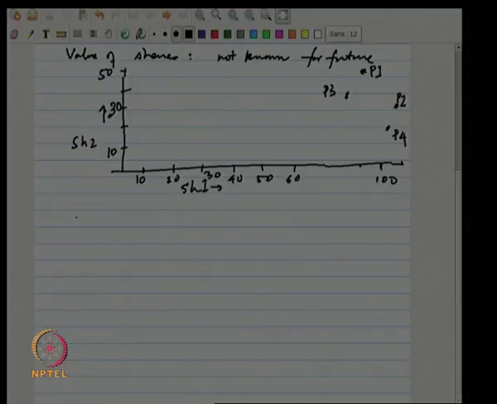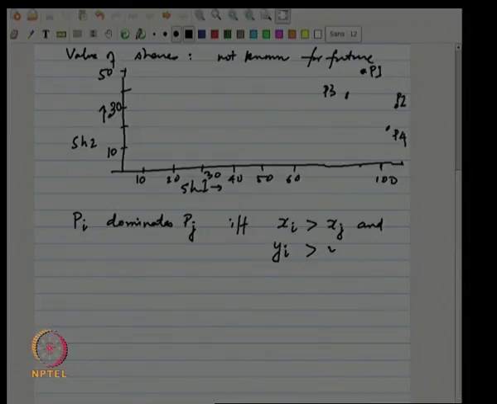So, we say Pi dominates Pj if xi is greater than xj and yi is greater than yj.